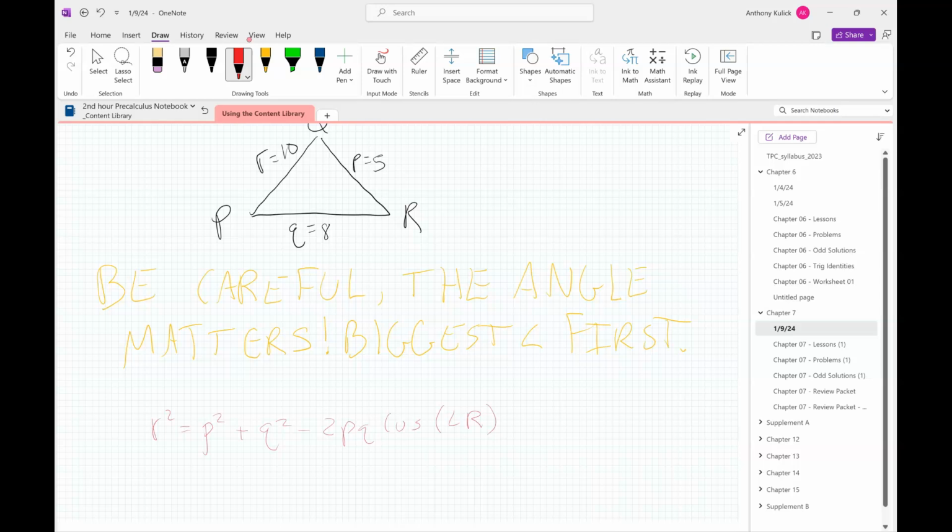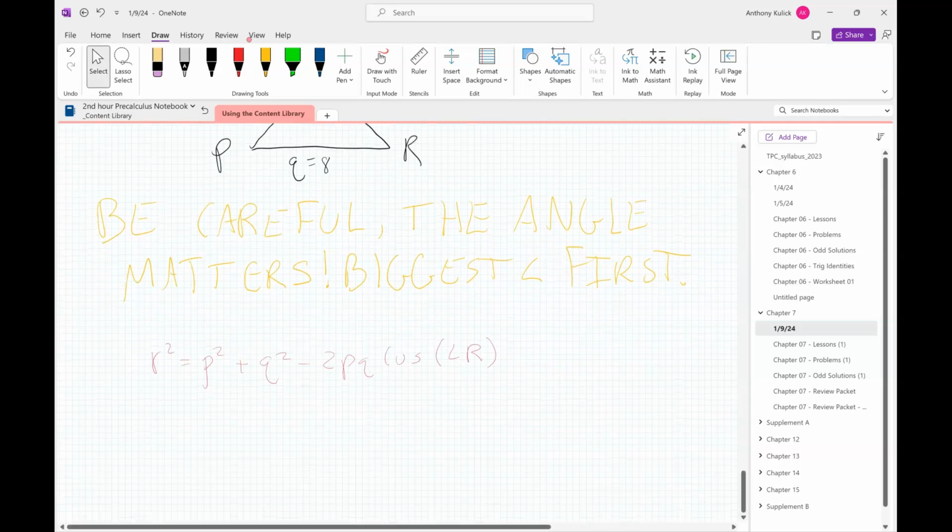Now, before I fill the numbers in, I'm going to get the angle R by itself. Everybody's okay with that plan? And then I'm going to plug the numbers in after I've already done the algebra. I'm doing it this way because I find that it's less likely for students to make an algebraic mistake. So first thing, I'm going to subtract the P squared over to the other side.